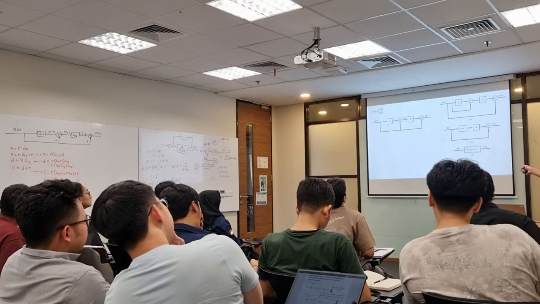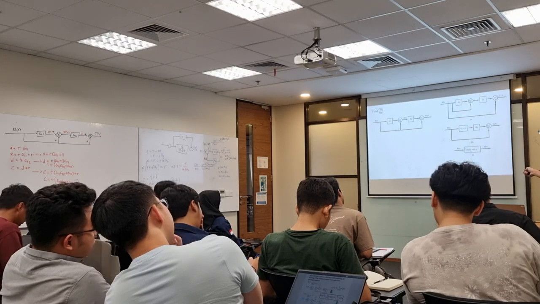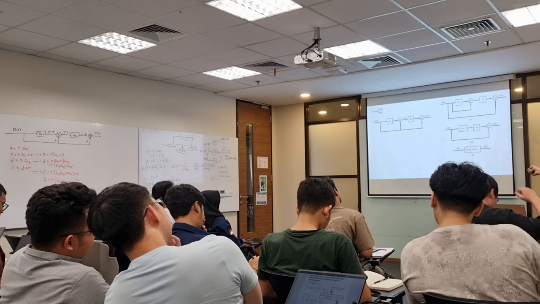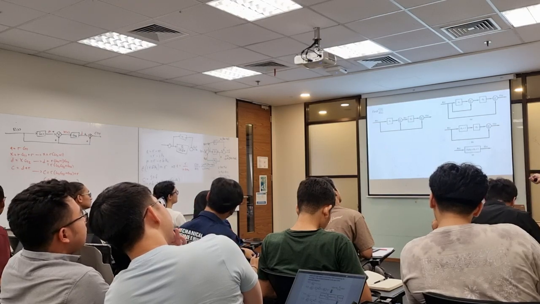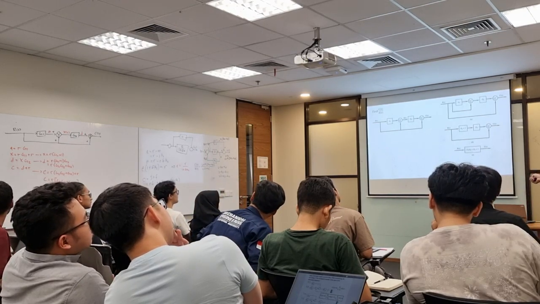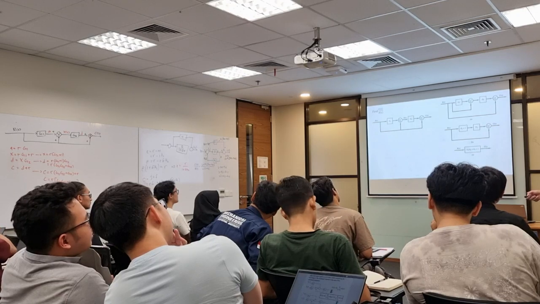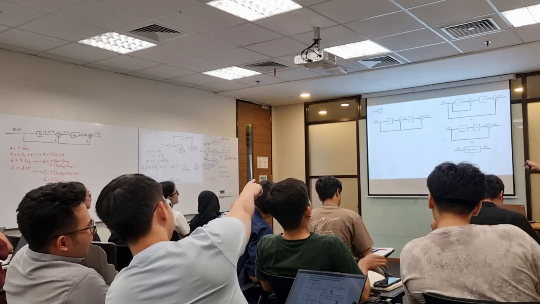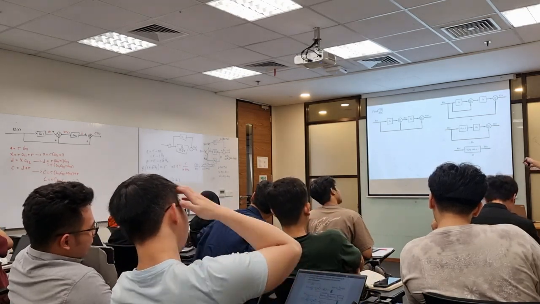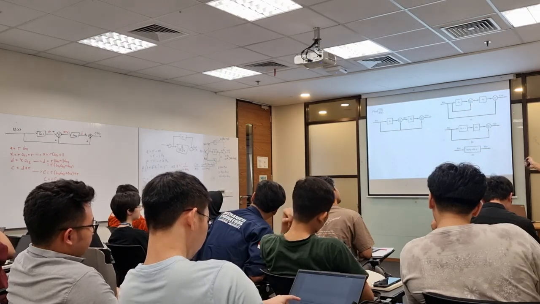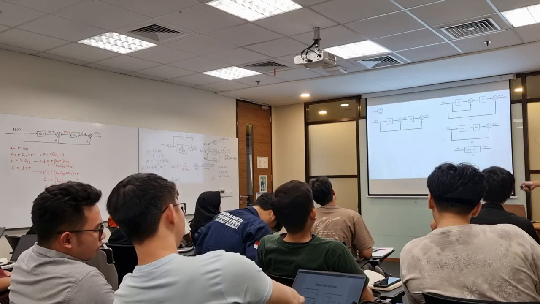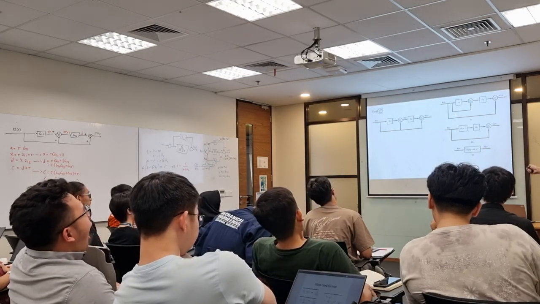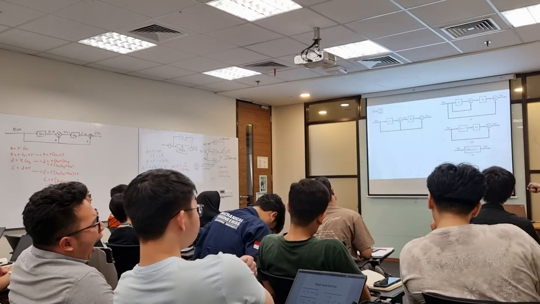Once you split, you can simplify this into G1 plus 1, and then you multiply G1 plus 1 times G2. And then after that, this one is simplified further into this one. So this kind of loop, you only need to do G1 plus 1 because this is 1. You can replace this with G1 plus 1.